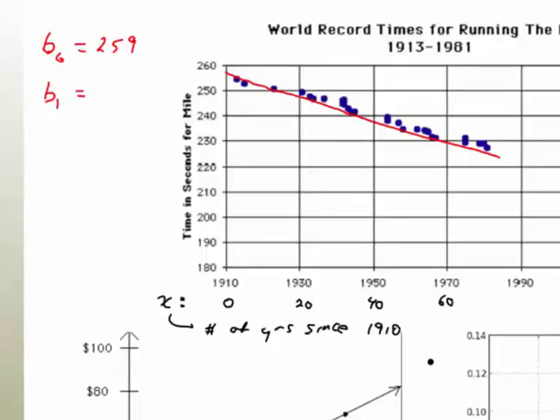So how do we interpret that number 259? It's time in seconds per mile at 1910.